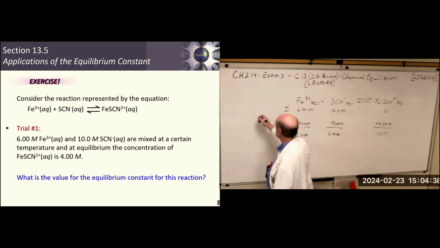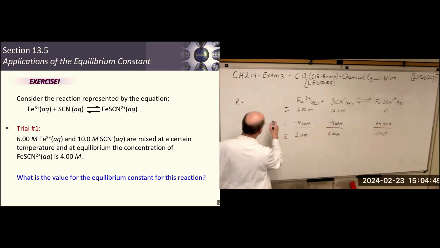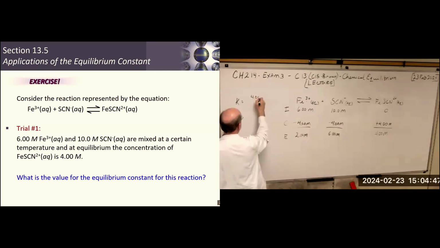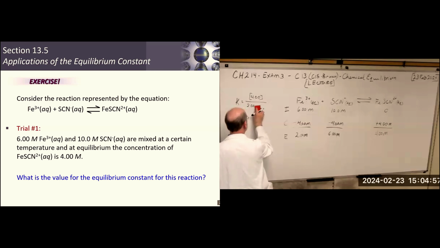All right, so the constant here, I'm going to write it over here because that's going to change in a minute. So we would have 4 molar to the first power divided by 2 molar and 6 molar.